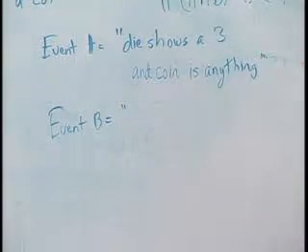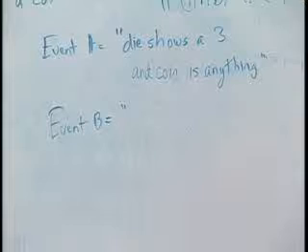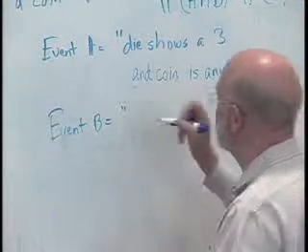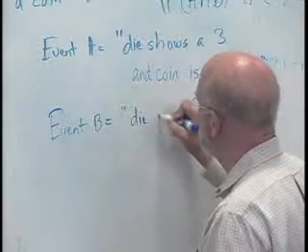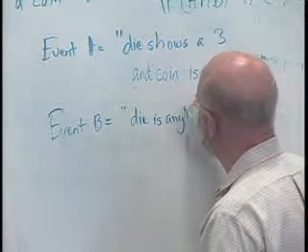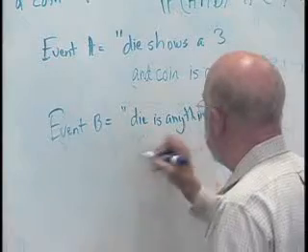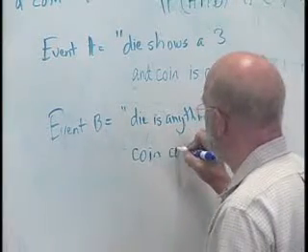Event B, which sloppily would be coin comes up heads, should be characterized how? Die is anything, and the coin comes up heads.